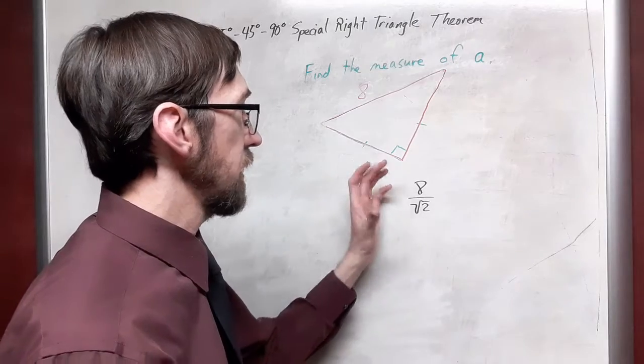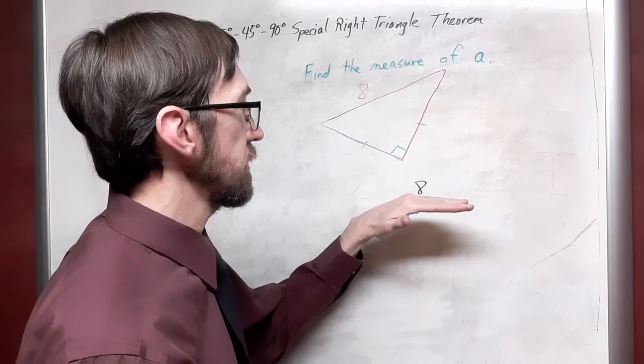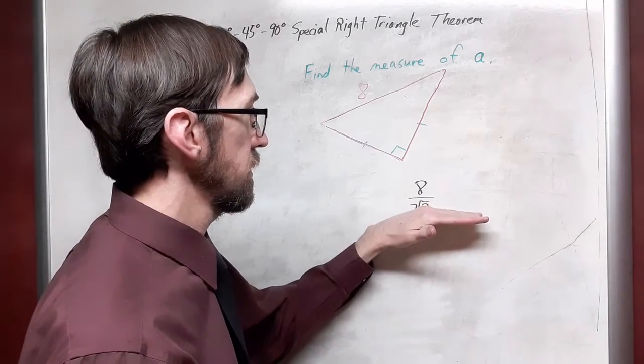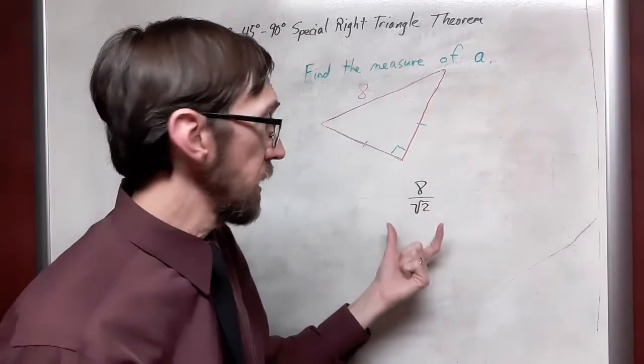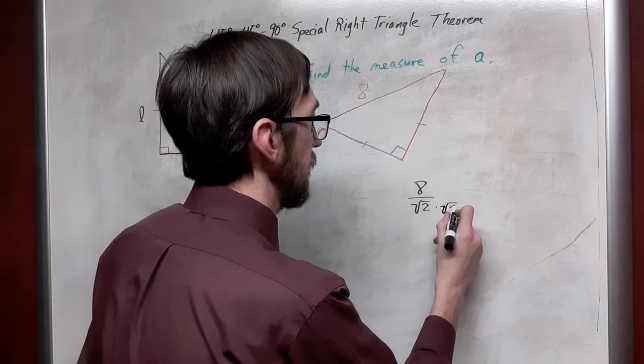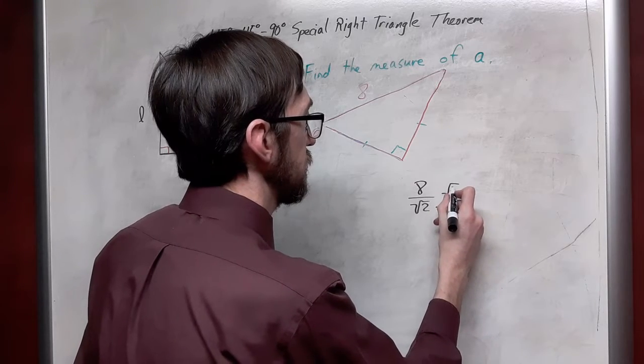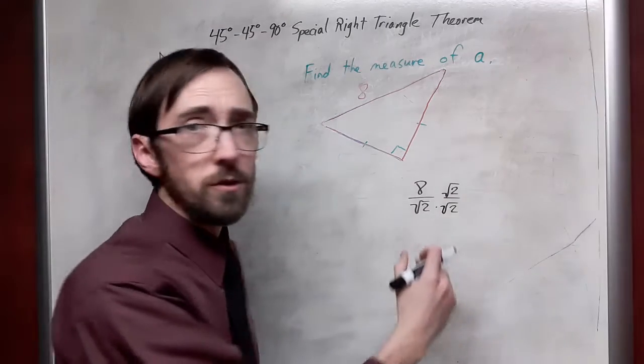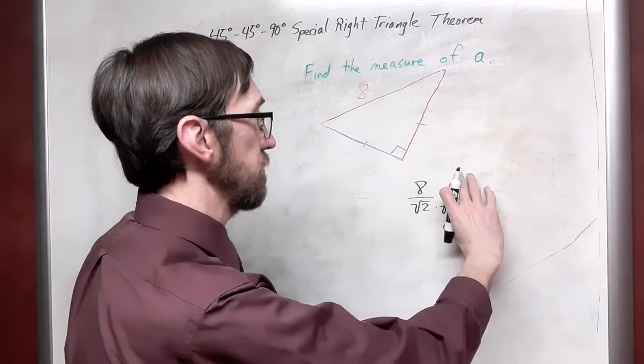To rationalize the denominator, we're going to multiply the denominator and the numerator by square root of 2. This provides an equivalent fraction because multiplying by the same numerator and denominator is the same as multiplying by 1.